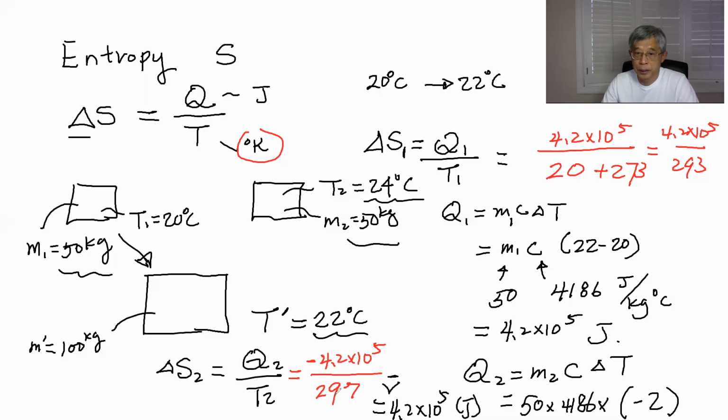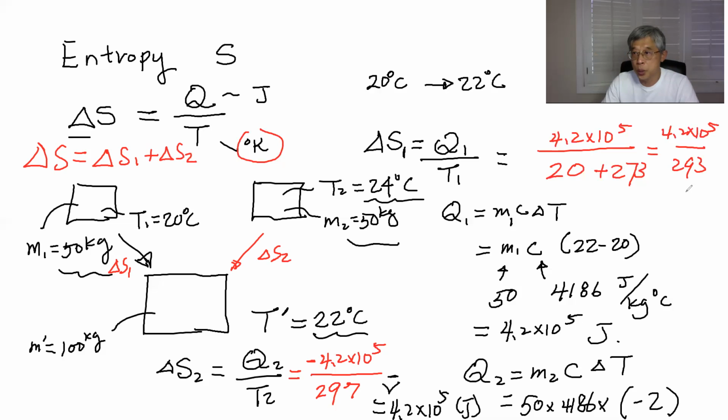When we add delta S1 and delta S2 together as they mix, delta S1 is happening during one process, and in this process delta S2 is happening. So when you mix these two buckets of water together, the total delta S is equal to delta S1 plus delta S2.